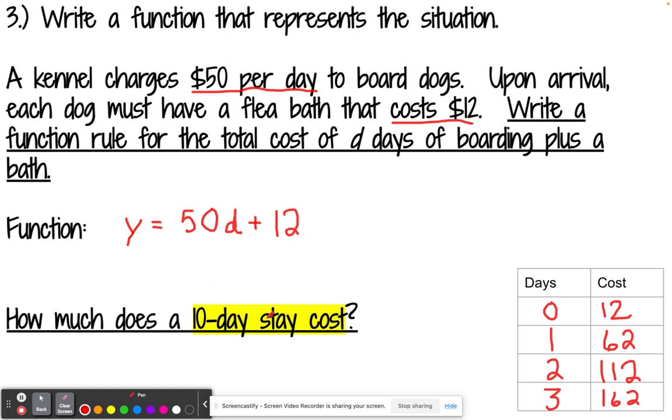Now it says, how much does a 10-day stay cost? Well, I don't want to make my table all the way out to 10 days, but I can figure that out because my total cost, my Y, equals $50 times my number of days, which in this case is 10, plus that $12 bath.